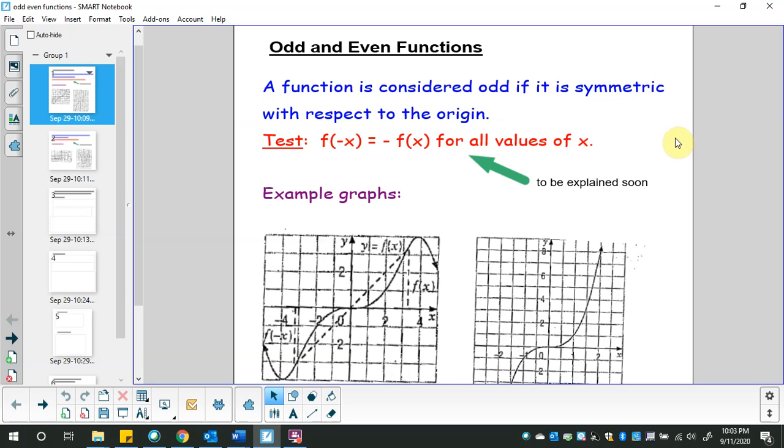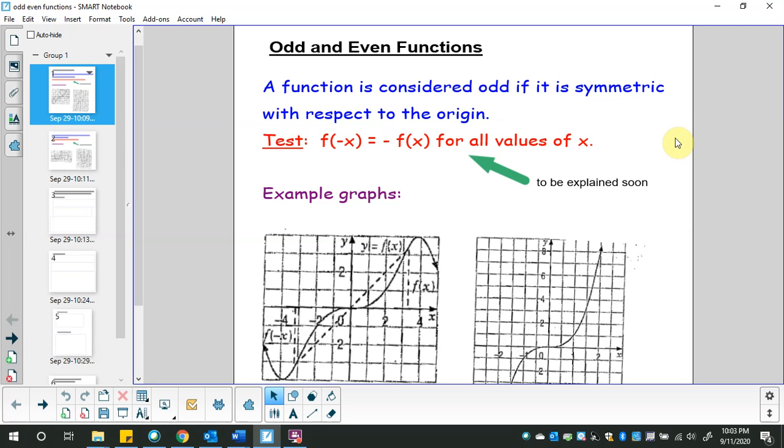Then I will come back and talk to you about the test, which is figuring out whether a function is odd or even or neither, but doing it algebraically. So without having to go to the trouble of drawing a picture, or finding a picture.